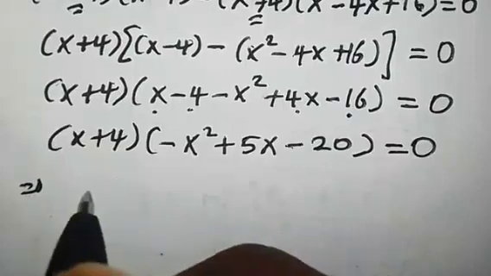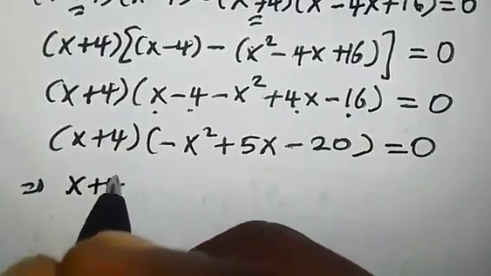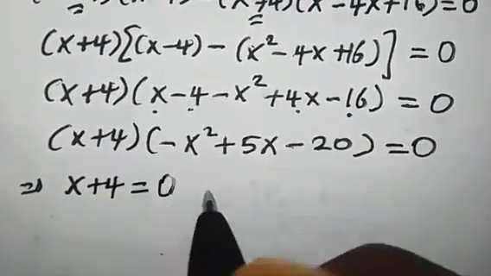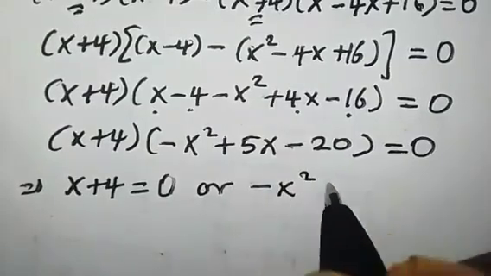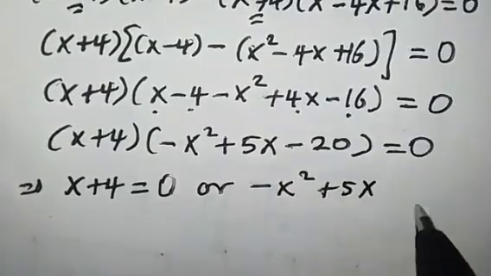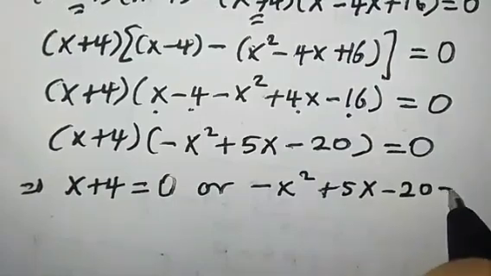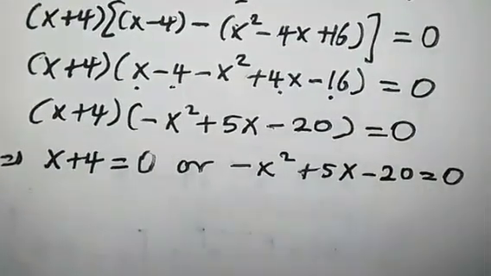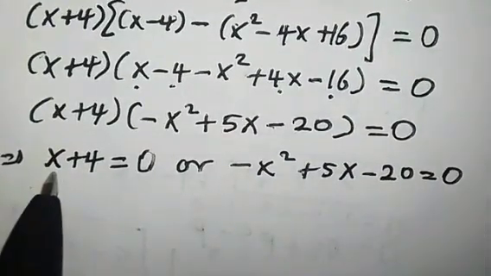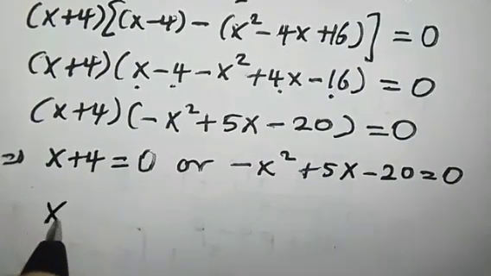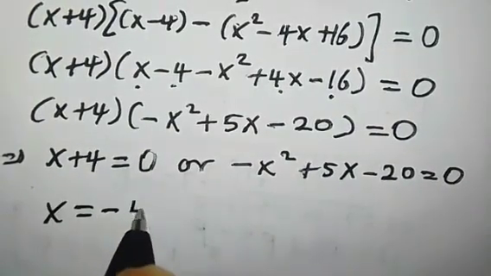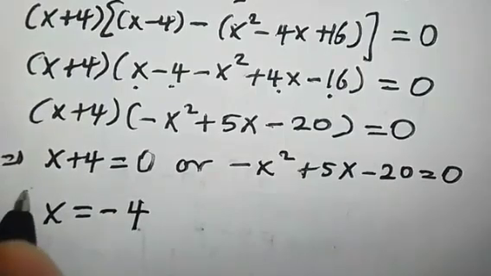This means that x plus 4 is equal to 0, or minus x squared plus 5x minus 20 is equal to 0. From this line, it is obvious if we move 4 to the right hand side, x is equal to minus 4. This is the first solution.